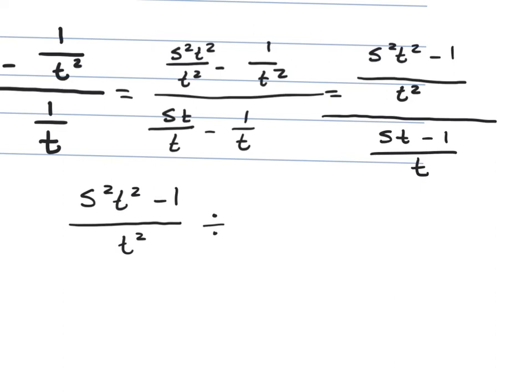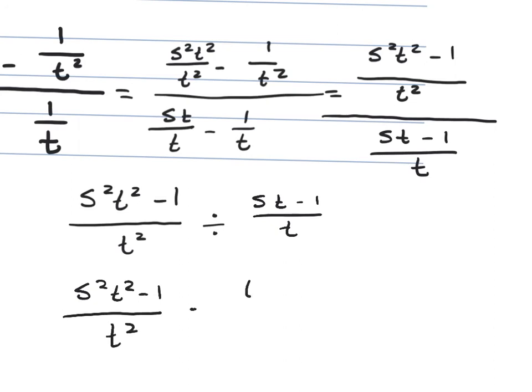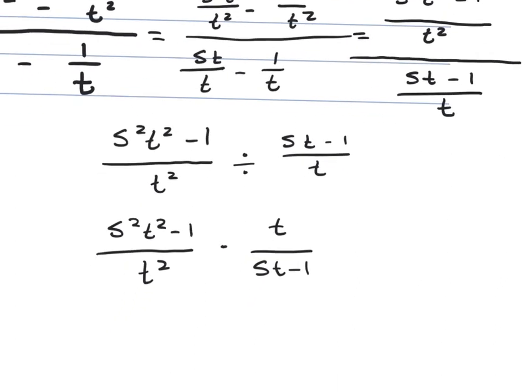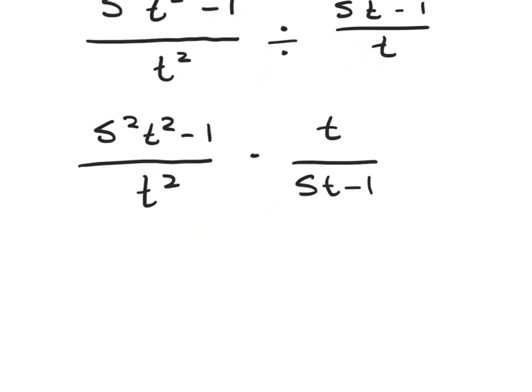Oh, actually, I didn't rewrite this, did I? I'm sorry, I made a mistake here. I rewrote it, but I didn't change it. Let me correct my error. St minus 1 over t, and then keep, change, flip. There we go. My apologies.